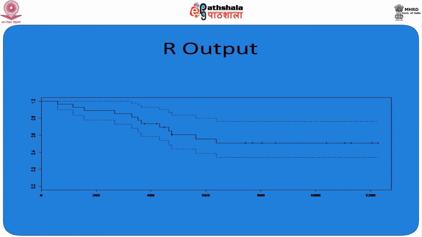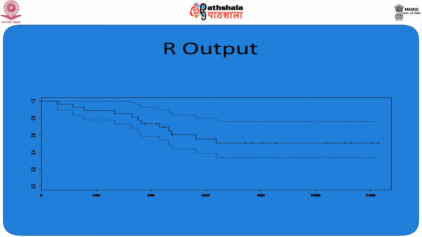Since we didn't get any death or relapse observations after the end of 600 days, the Nelson Aalen estimator curve didn't decrease further. It stays the same from 600 days plus to 1200 days plus, but during that period some patients were censored, so it is given as cross values.